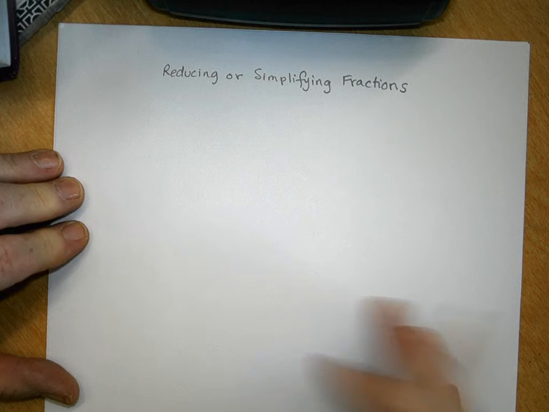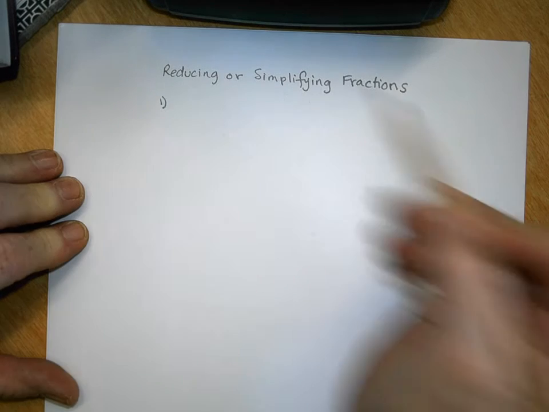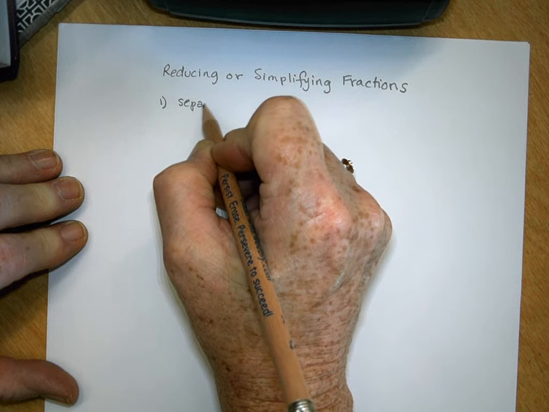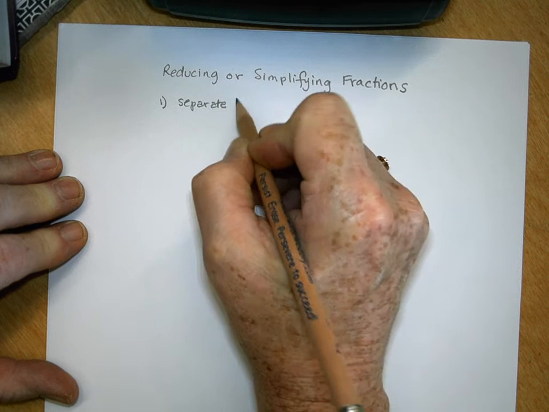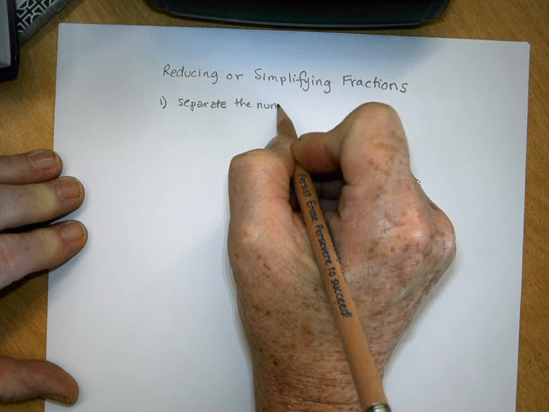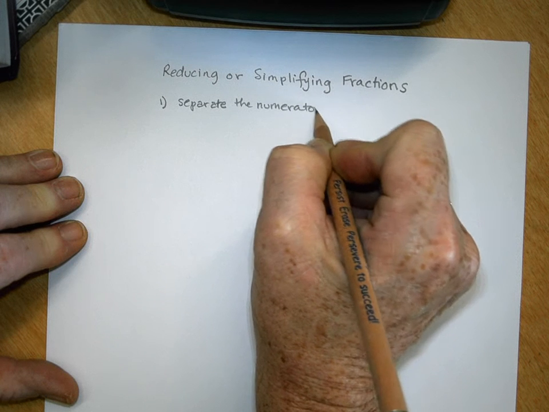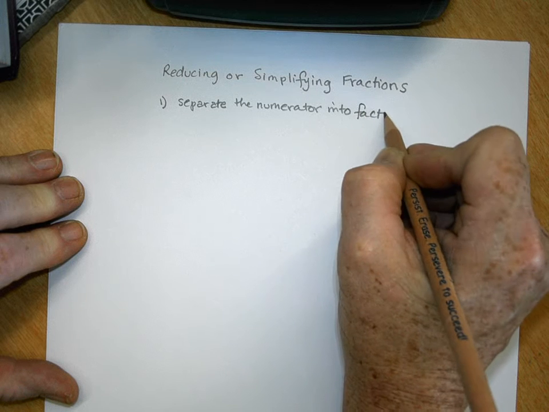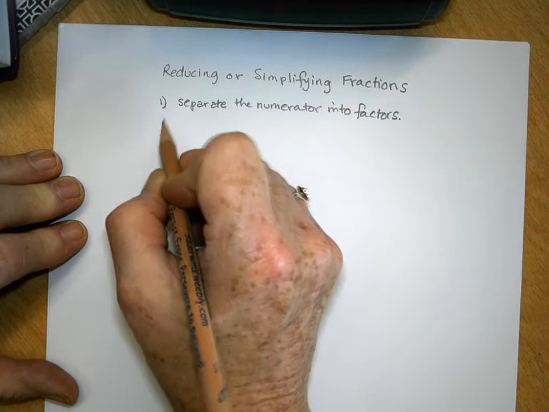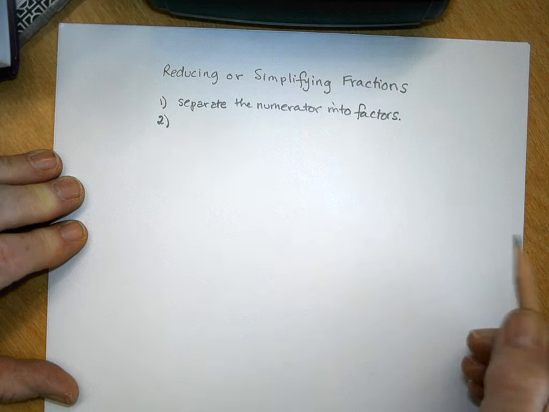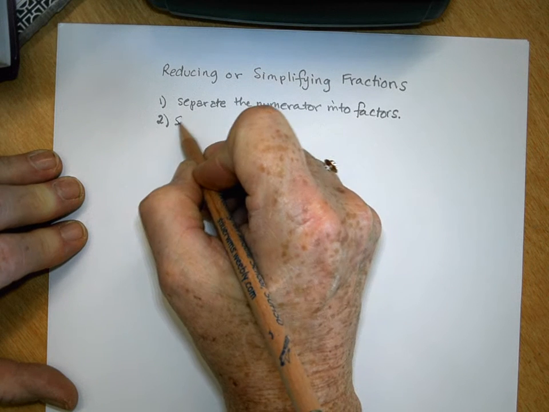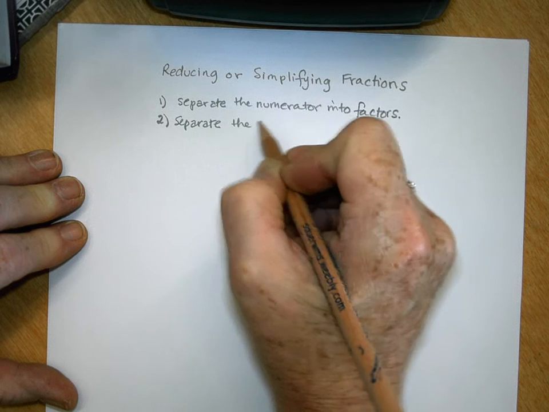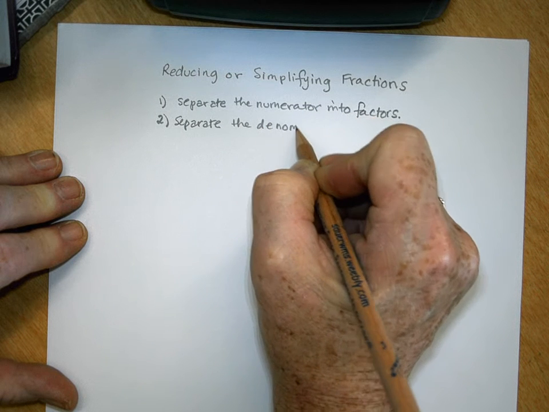To reduce or simplify a fraction, first I separate the numerator into factors. Then the second thing I do is separate the denominator into factors.